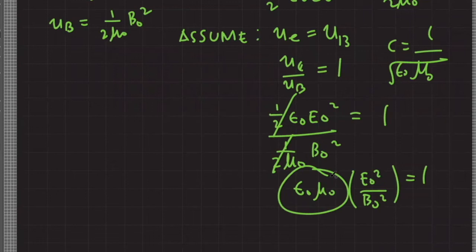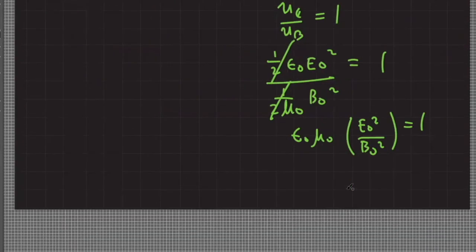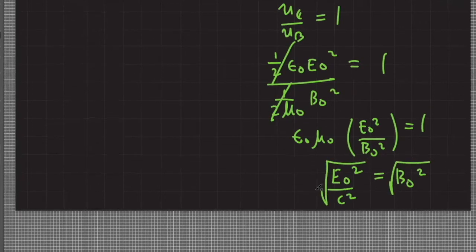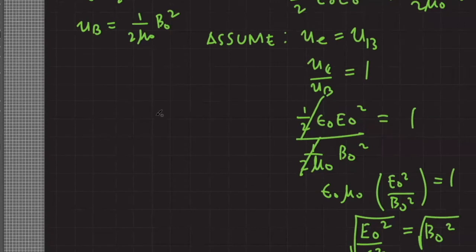So this is actually equal to 1 over C squared. So I now have a new relationship. If I try to get the square root of both sides, assuming that they do not involve complex numbers, this can be simply written as E sub 0 equals C times B sub 0.